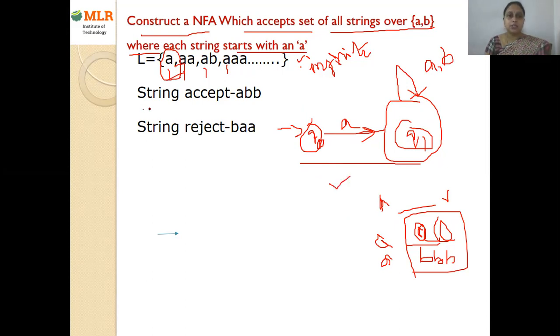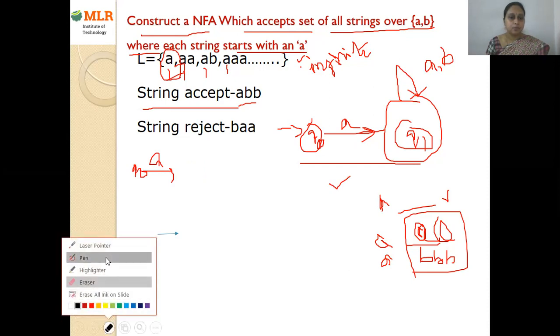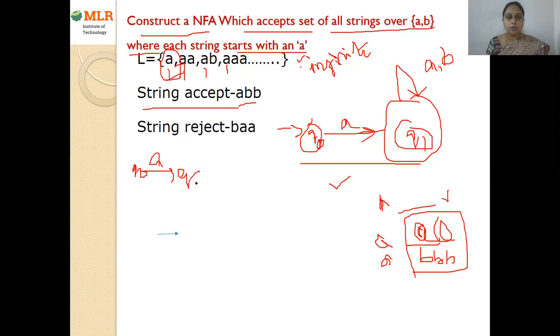Now, how are we going to check the string acceptance? First, consider the example ABB: is the string present in the language, and is it accepted by the finite automata or not? First, start at Q naught. Q naught on A goes to Q1.